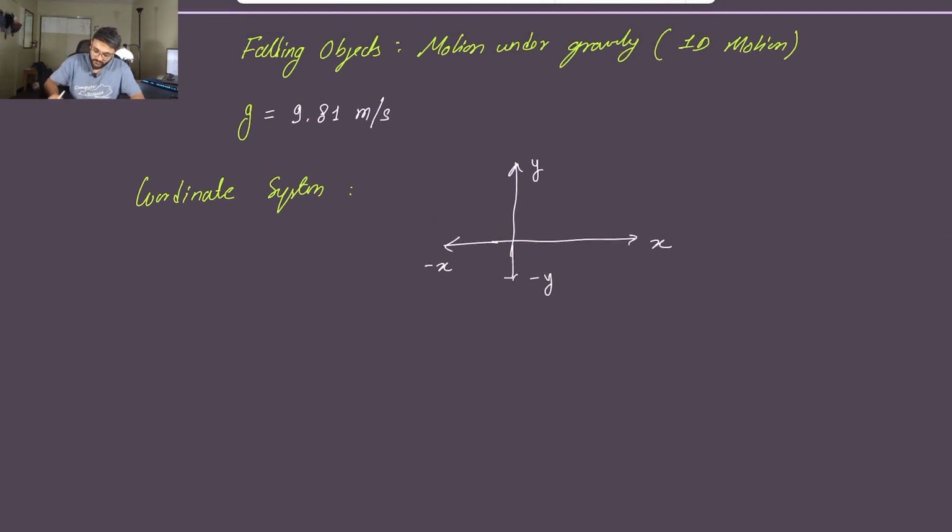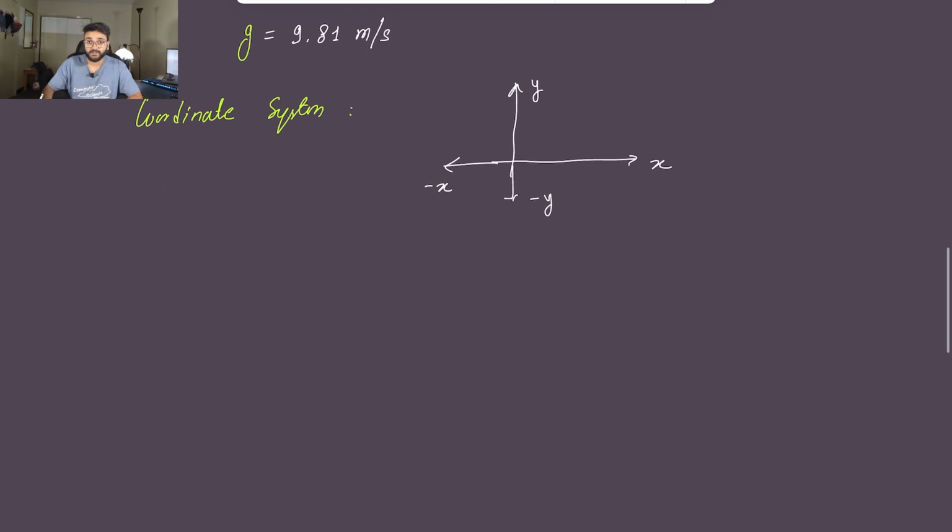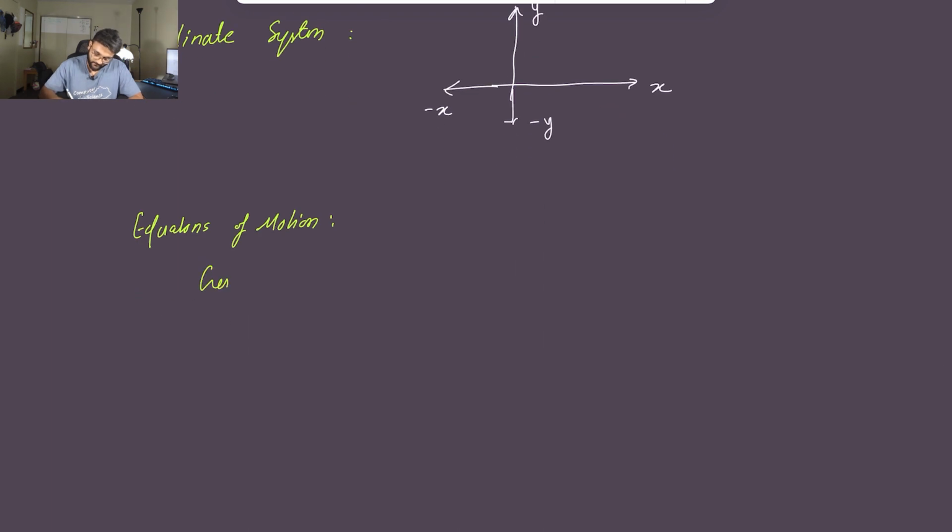Now let's also have the equations of motion. Generally speaking, you must be familiar with this: final velocity is equal to the initial velocity plus acceleration times time.